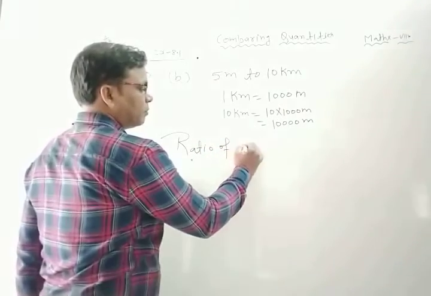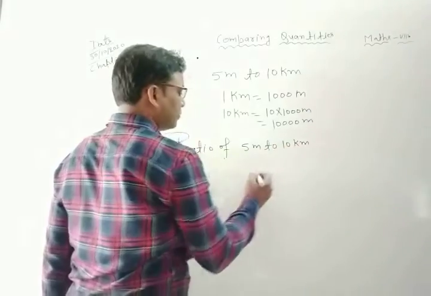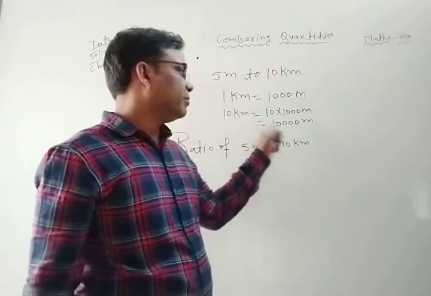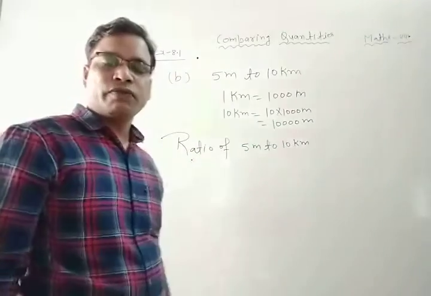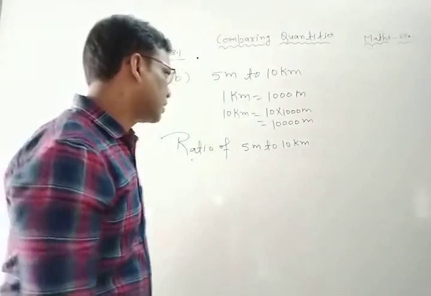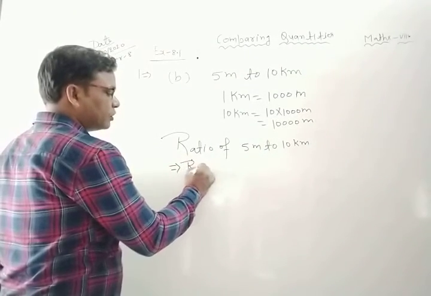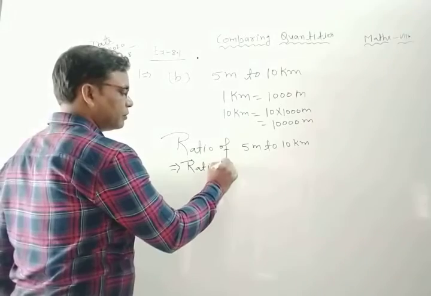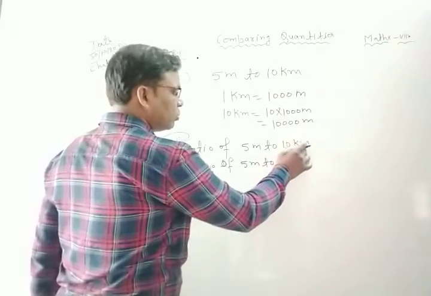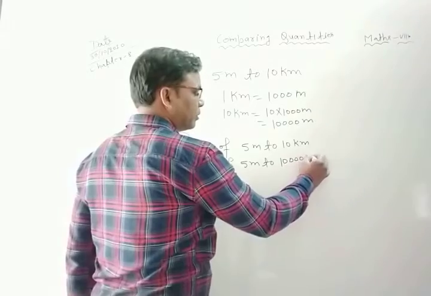Okay. So first we need to find the ratio of 5 meter to 10 kilometer. Here we change 10 kilometer to meters. We can say here 10 kilometer is equal to 10,000 meters, because we know that 1 kilometer is equal to 1000 meters. This is clear now. So we can write the ratio of 5 meter to 10,000 meters.